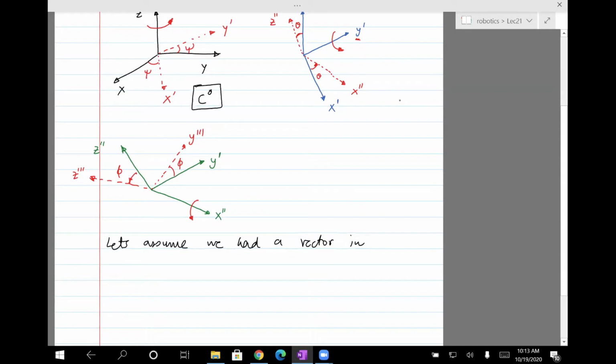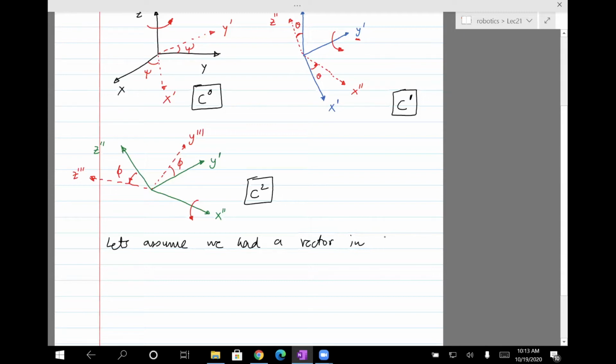Then it undergoes rotation and becomes C1. And then finally the rotation goes to C2. This is similar to what we had seen for the manipulator. We had axes X0, Y0, X1, Y1, and then the unit vectors in frames 0, 1, and so on. Similarly, these are vectors in the individual frames.